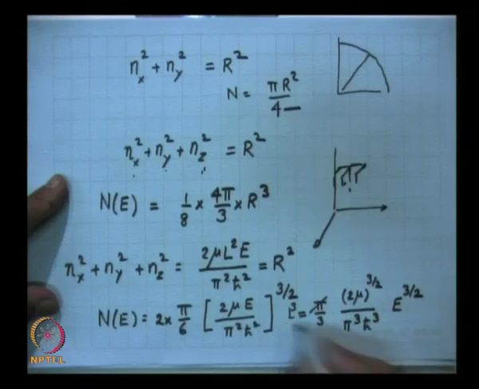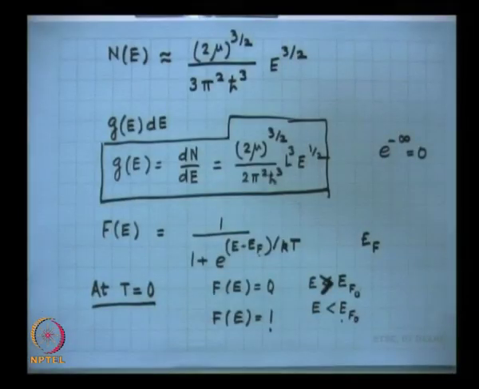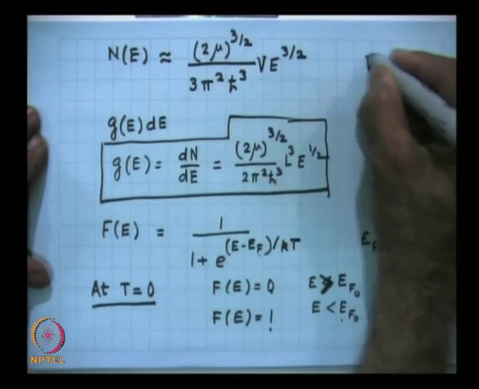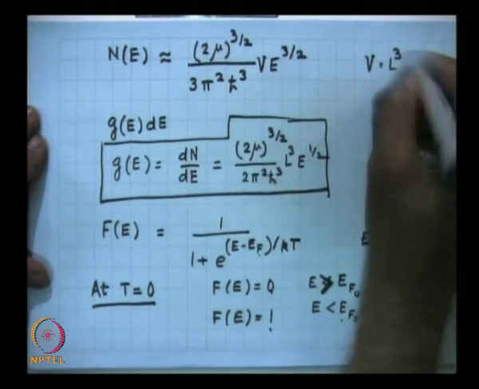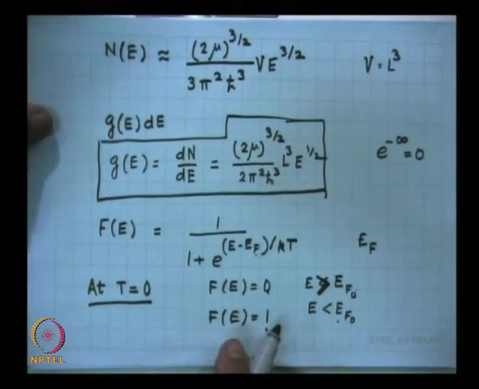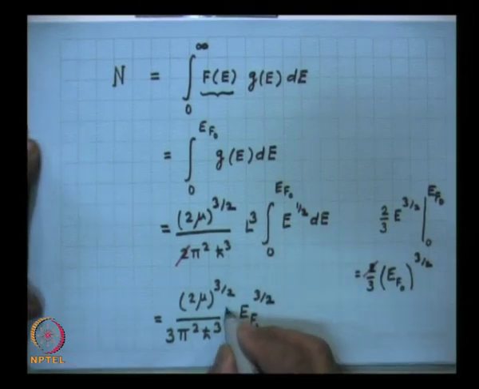So, L cubed is the volume of the box which is present everywhere. So, this factor I have missed. So, you have here a factor V, where V is equal to L cubed. So, I can either write L cubed or I can write V. So, here you have multiplied by V.